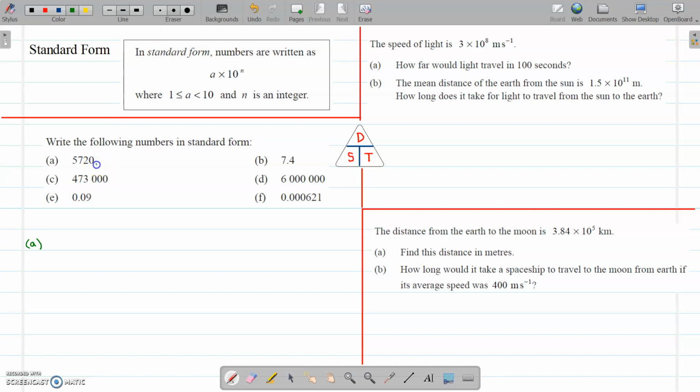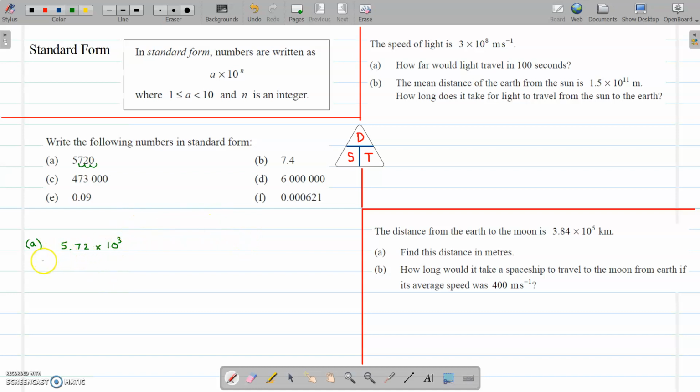We've got to move that point 3 places to make a number between 1 and 10, in this case 5.72. So the answer would be 5.72 as the base, and that has to be multiplied by 10 to the power 3 to get the decimal point back into the right position.